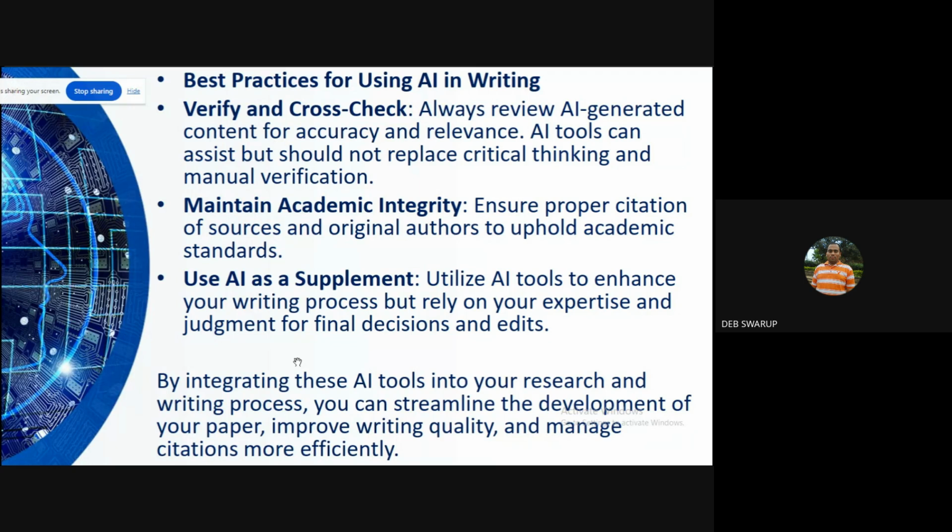I'll give you one example. There was a guy from South Africa. He wrote a paper and submitted it to a journal. He had given code, and in that pseudo code, unfortunately, he had used ChatGPT, and the word ChatGPT was written in that pseudo code. He sent it to my journal.